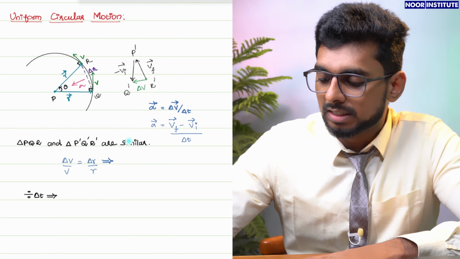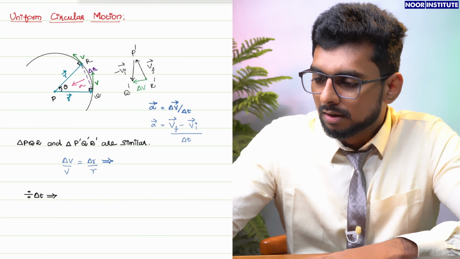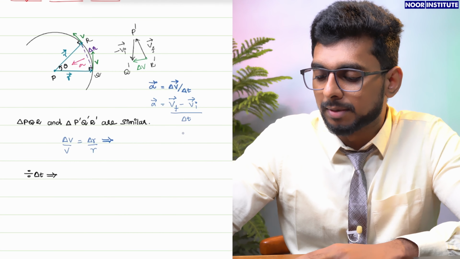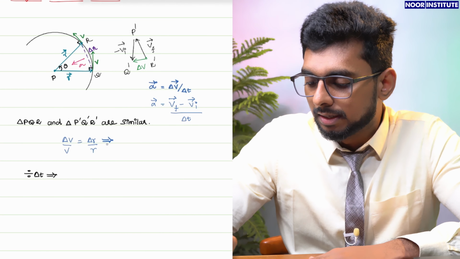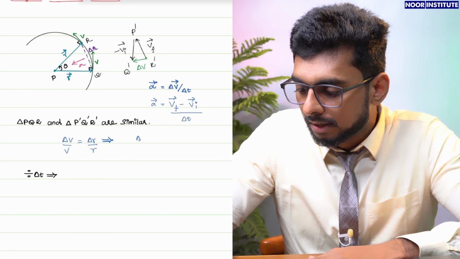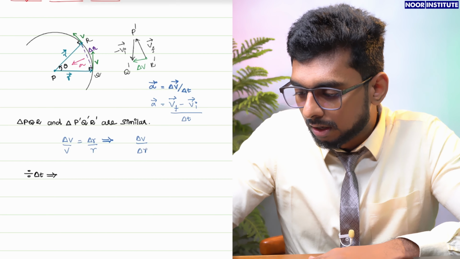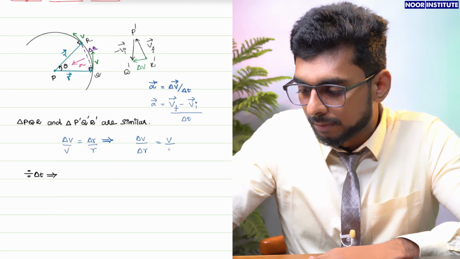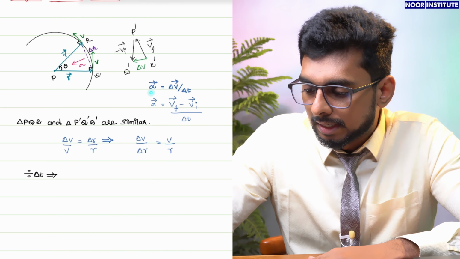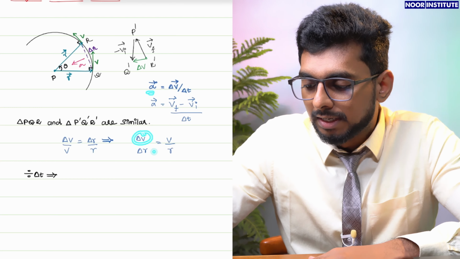Now you do the rearrangement so that we can find the acceleration, the magnitude of centripetal acceleration. So del v, I'm going to rearrange such that you will have del v divided by del r, which is equal to v divided by r. To get acceleration, I'll have to have del v divided by del t.